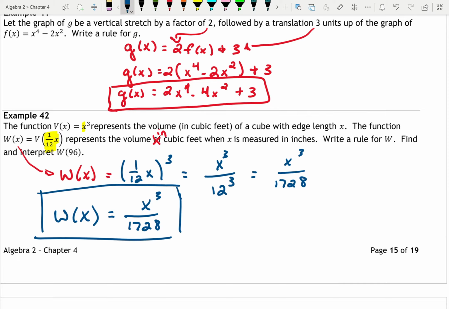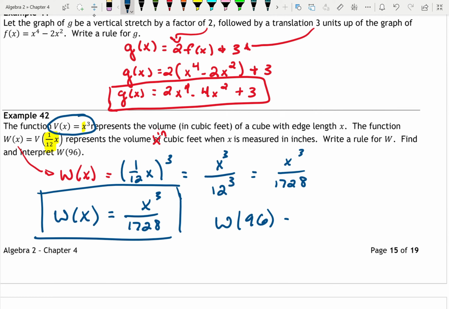And remember, that function there allows us to input inches and get out cubic feet. Whereas this plain old v of x has you input feet and you get out cubic feet. Now I'm going to plug in W of 96. And I'm just going to type this in my calculator. 96 cubed, and then divided by 1728.